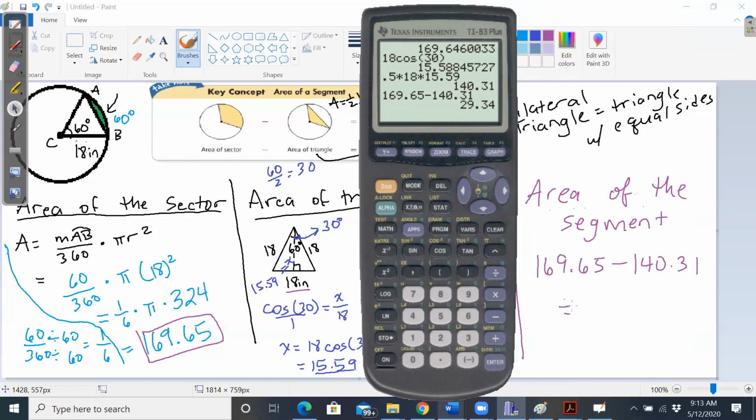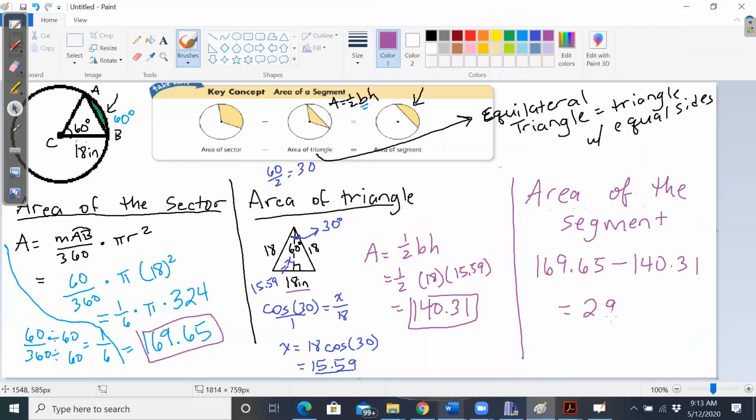So let's write that down: 29.34 inches squared. That is going to be the final answer right over here.